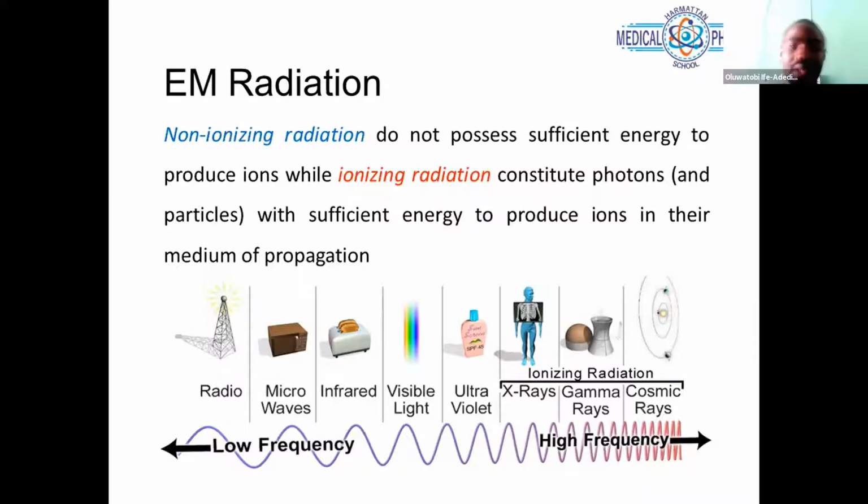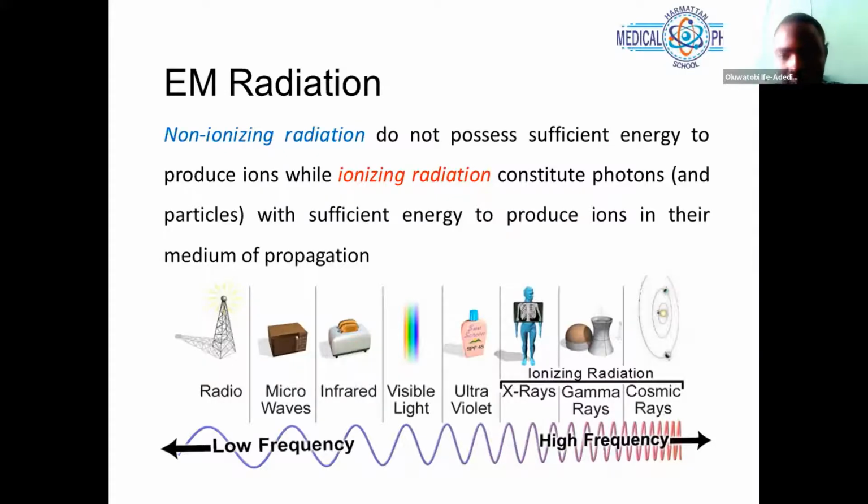So basically, in health physics, we are mostly interested in the ionizing radiation because of their energy, which will result to ionization, the production of ions in atoms that constitute the medium with which they are traveling.